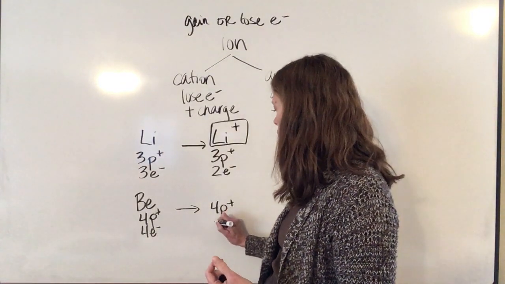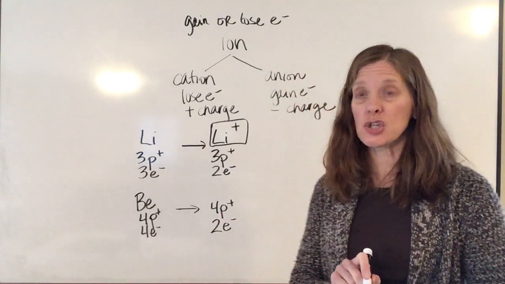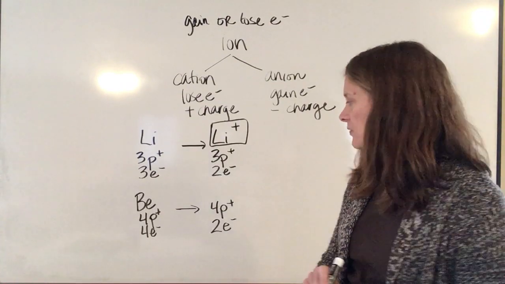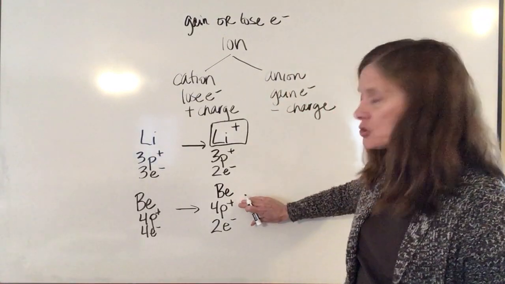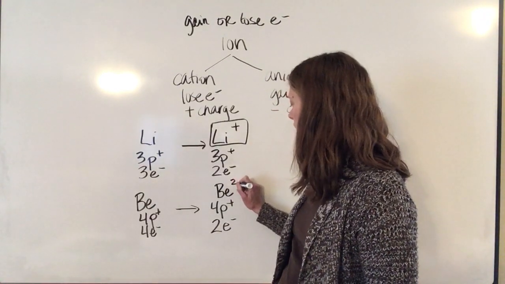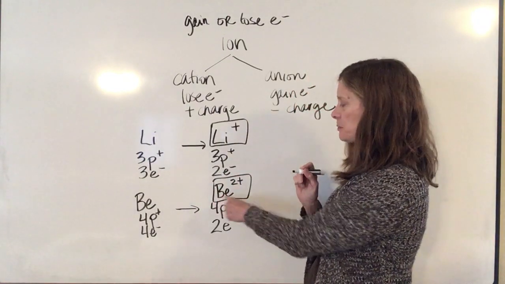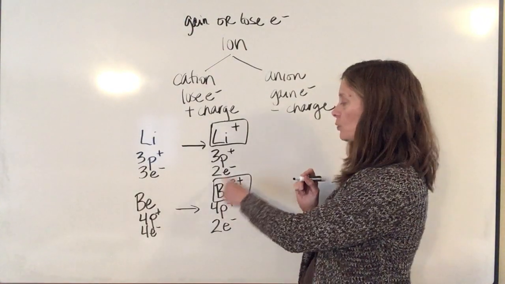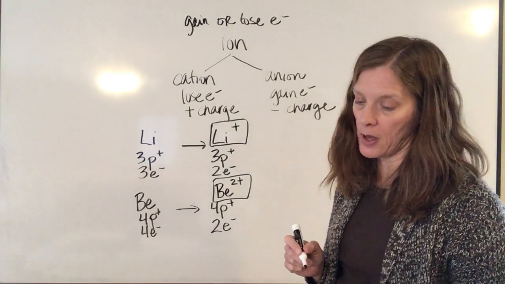But let's say that it loses 2 electrons, and it now has only 2 left over. So what does that give me? Well, I'm going to have beryllium, but I've got 2 more positive charges than I do negative charges, so it's going to have a positive 2 charge on it. The way that I write that is a Be with a 2 plus. I always write the number first and then whatever the charge is afterwards.